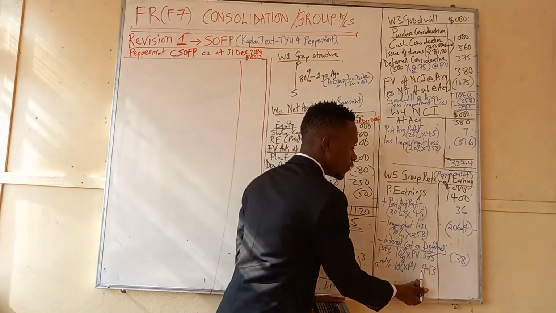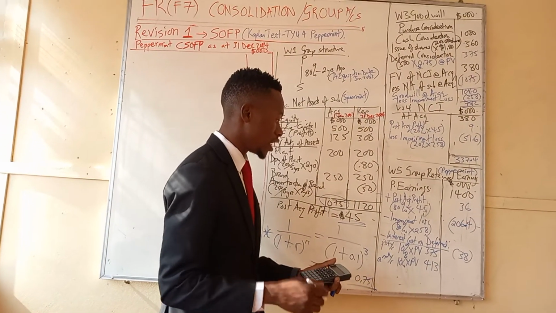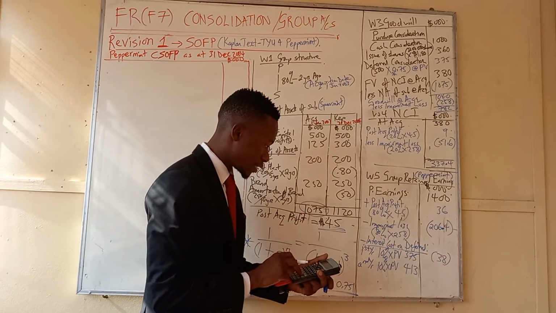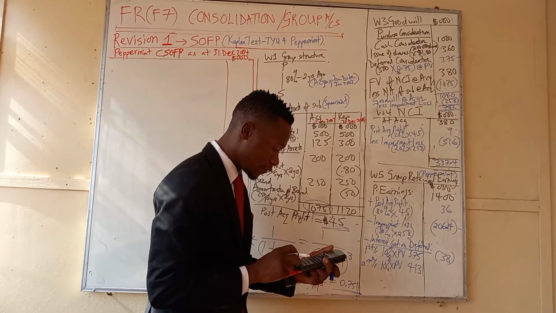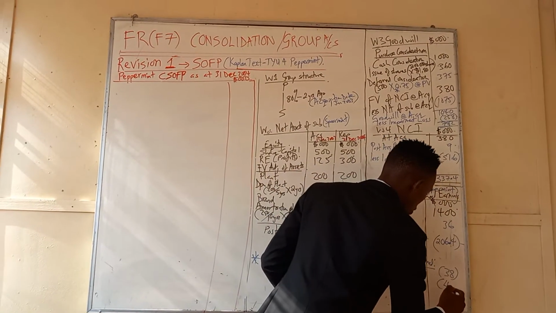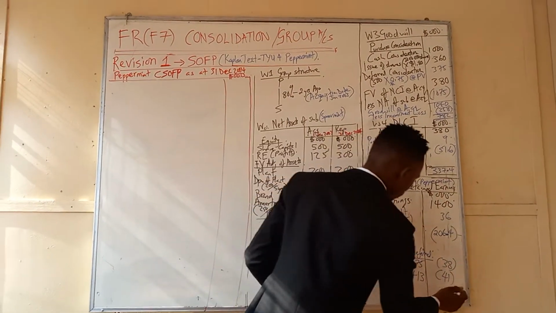So it's the present value plus the interest. So the interest that will be charged this year will be 10% multiplied by 413, which is 41 interest. Right. So that's all on working 5.